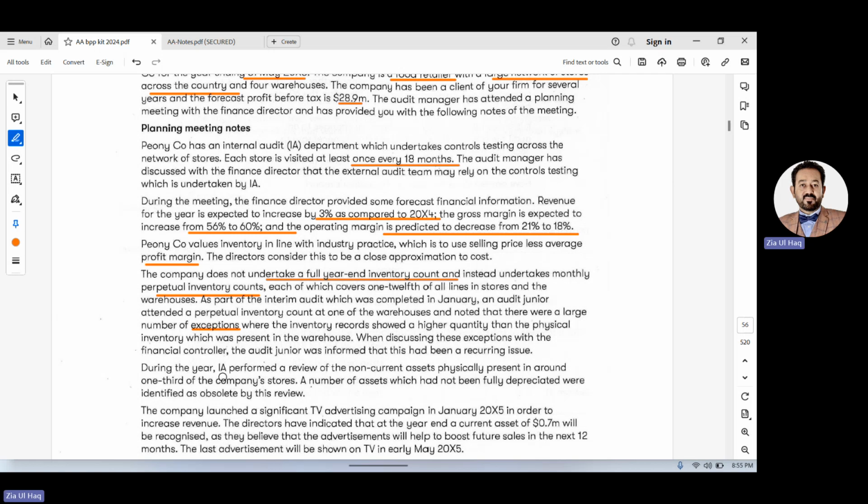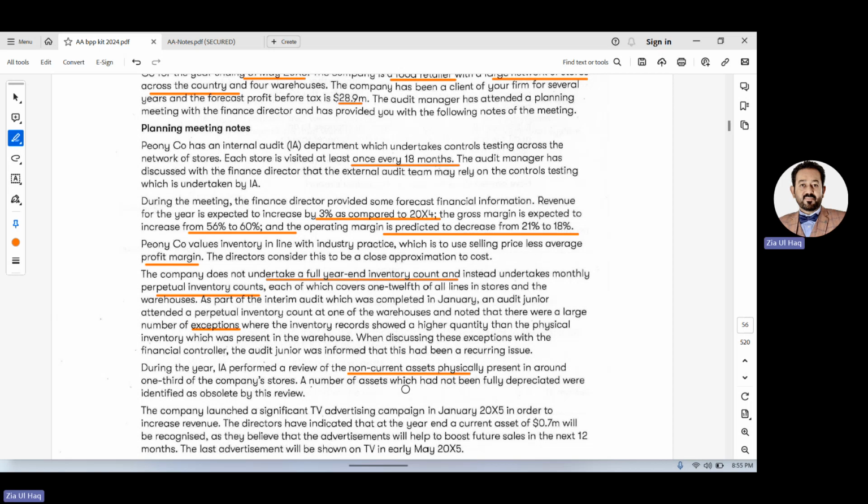During the year, the internal auditor performed a review of the non-current assets physically present in around 1/3 of the company's stores. He didn't check the non-current assets physically present in about 2/3. There might be chances that assets are recorded in the records but not physically present.